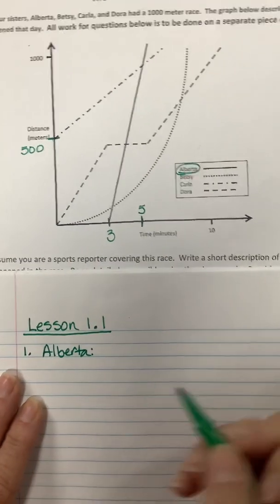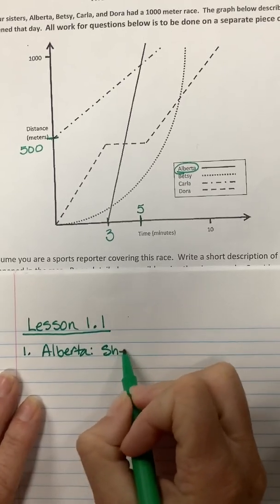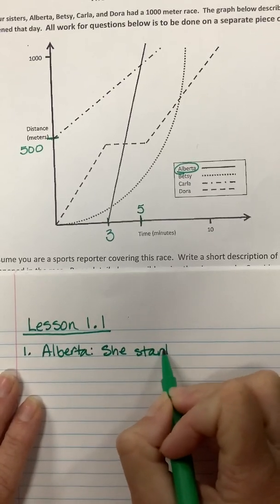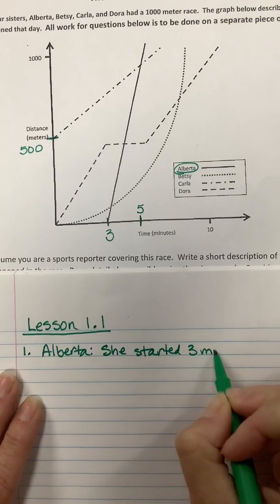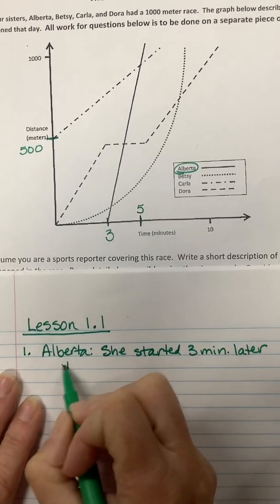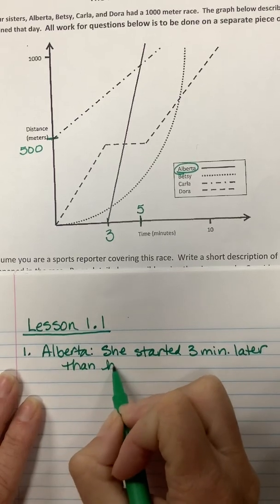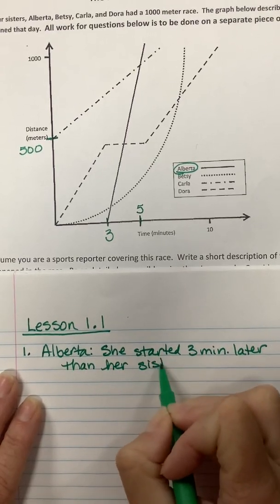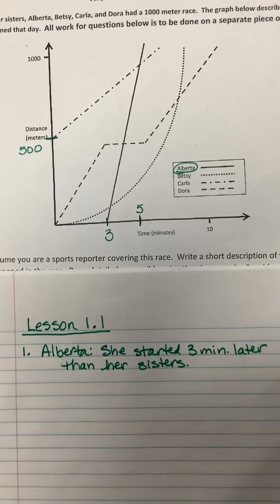So I would probably say something like, she started 3 minutes later than her sisters. So there's the start. Started 3 minutes later. Maybe she was late. Maybe she's lazy. We don't know.